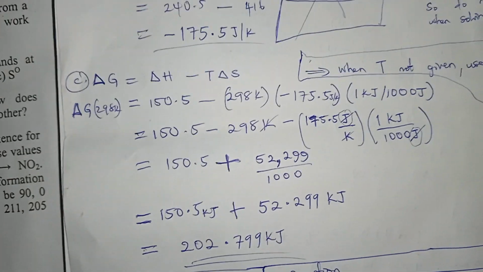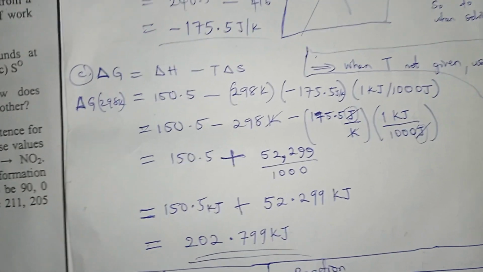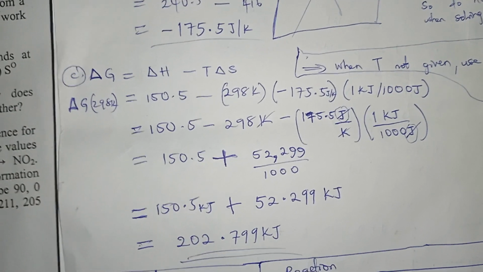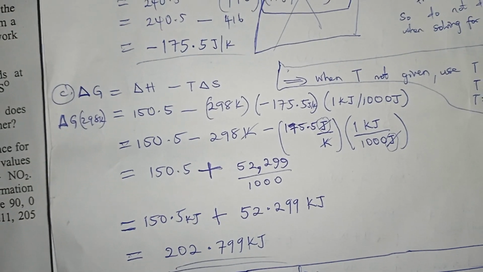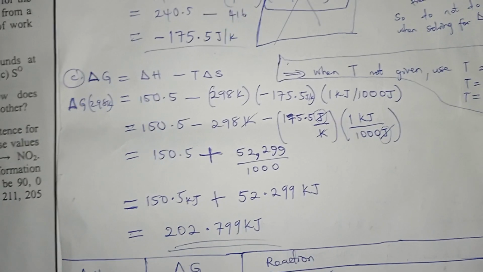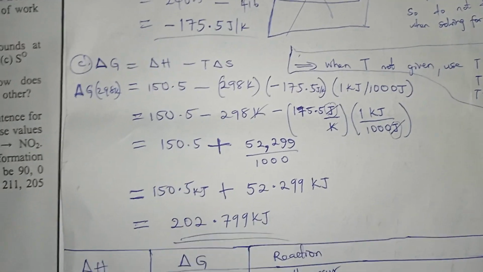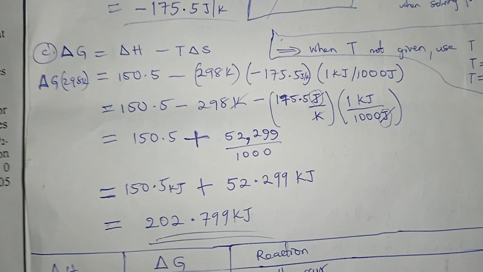So we have 150.5 for enthalpy, then 298 Kelvin temperature, then entropy, which we multiply by 1 kilojoule over 1000 joules to convert joules to kilojoules, the unit of energy for Gibbs free energy.